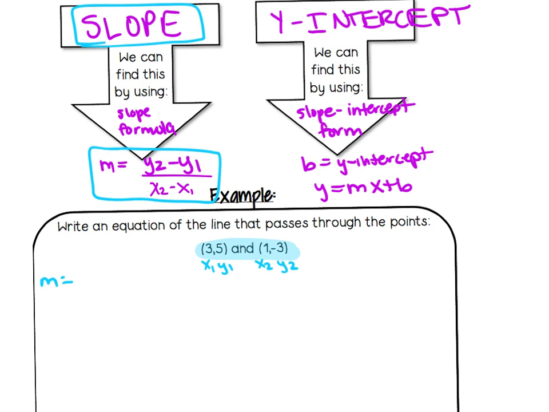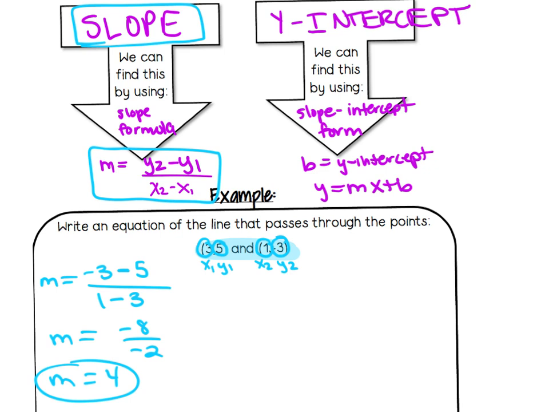So the slope is going to be y2 minus y1 over x2 minus x1. And I'll get -8 over -2. You guys have a calculator, use it, which simplifies to 4. So there's my slope of 4.